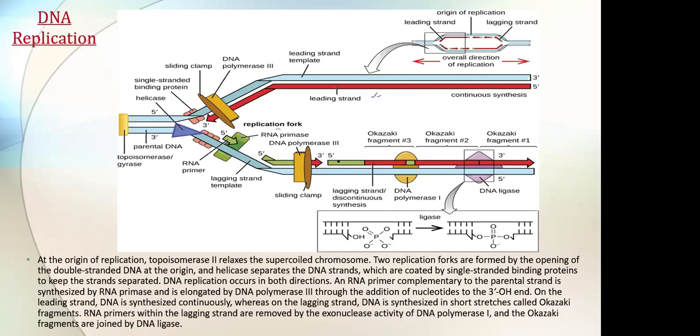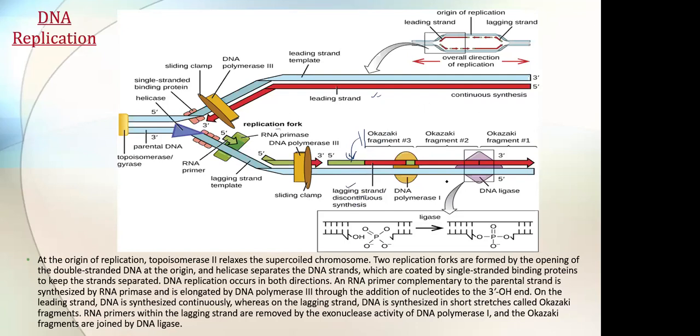But still, this side goes from 5' to 3'. So this side makes small fragments at the beginning, and all the small fragments are called Okazaki fragments. The scientist Okazaki first found them out, so to show respect, we call all those segments Okazaki fragments. This strand is called the lagging strand. It lags behind the continuous strand, so that's why it's the lagging strand.